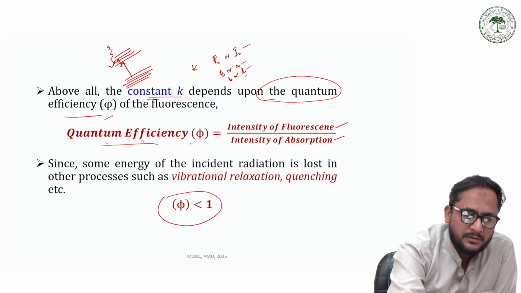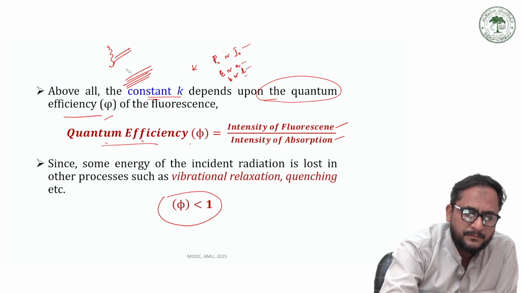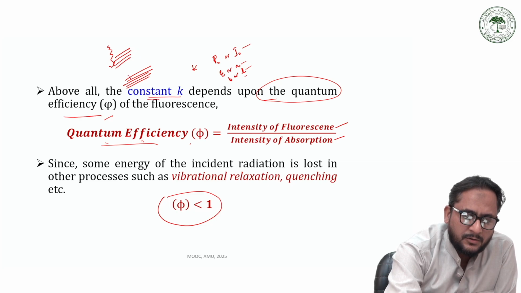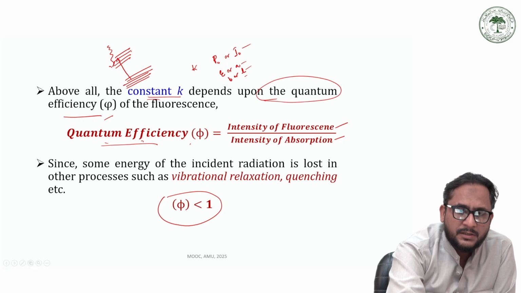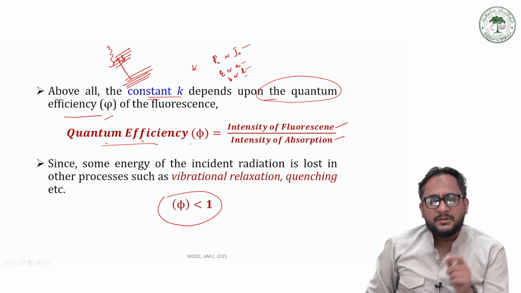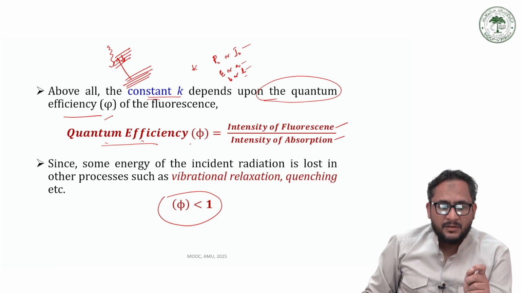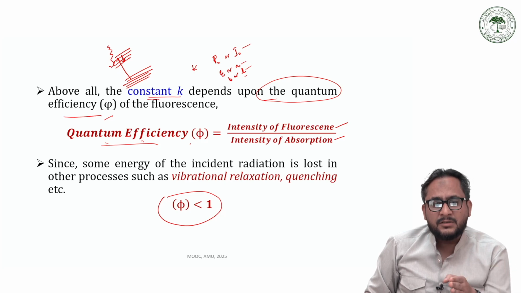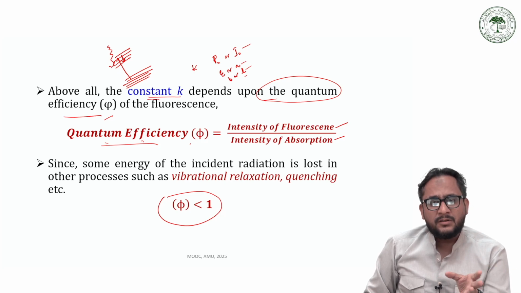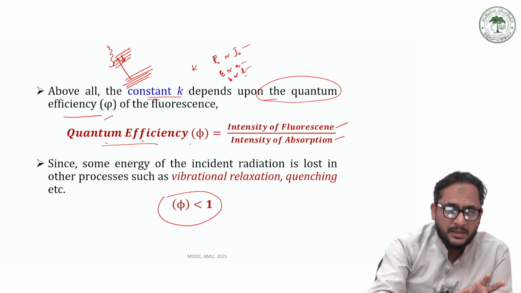So if the electron is traveling from the ground state to the excited state, and it travels some vibrational levels as well, it comes from a higher vibrational level to a lower vibrational level, which is called vibrational relaxation. It causes loss of energy in the form of heat, a type of non-radiative energy loss.